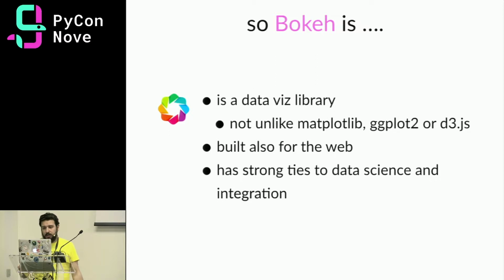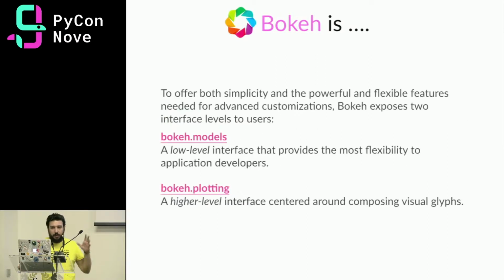Well, Bokeh offers both simplicity and wonderful, flexible features. For instance, you can use Bokeh to expose some standard graphs like box plots, line charts, column charts or V-bar and scatter plots, but you can also use a low-level interface to provide the most flexibility to your application.